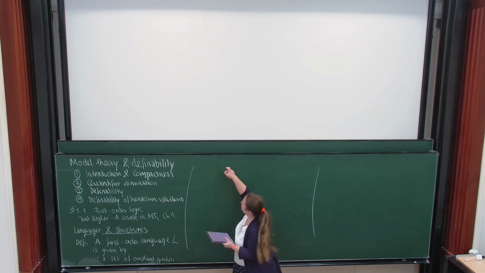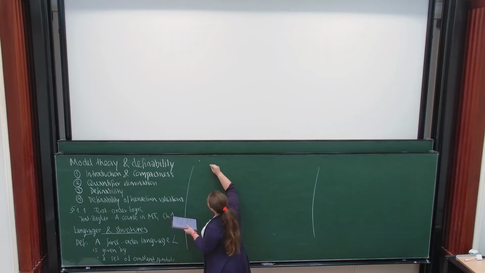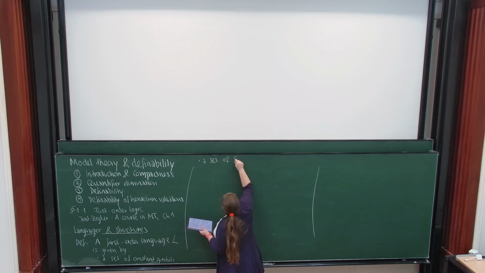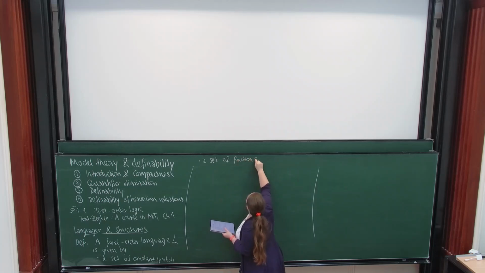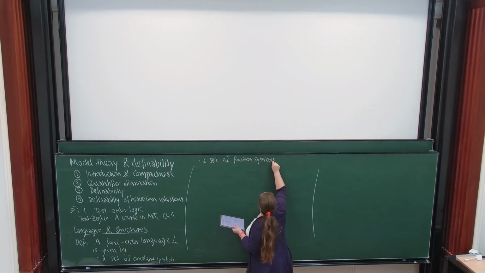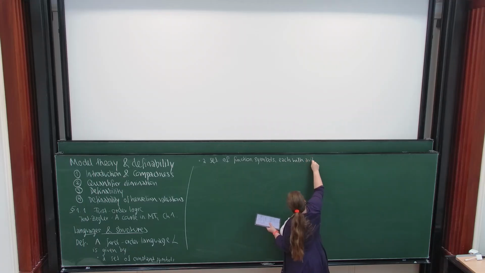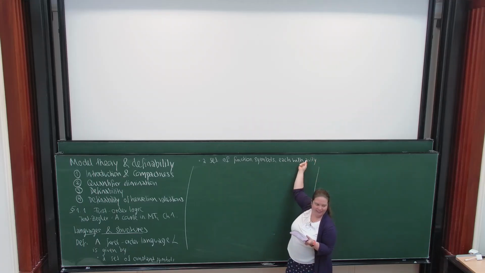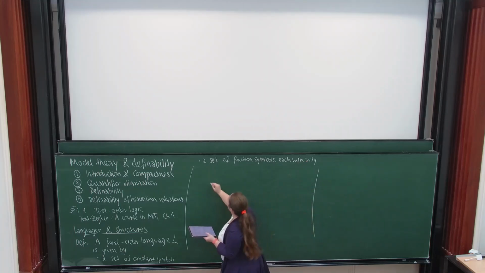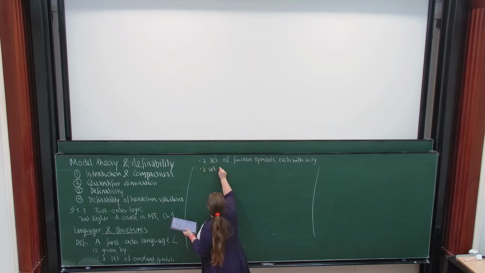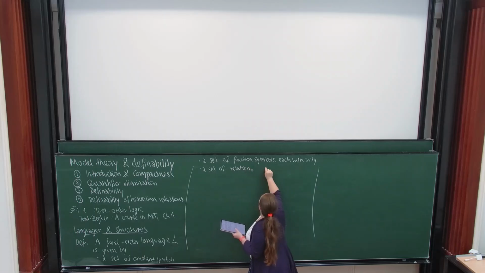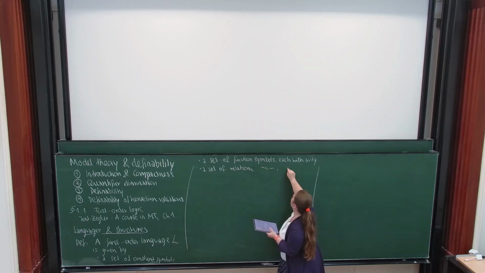They have no meaning yet. A set of function symbols, I'll try to write things out at the beginning, each with arity, where the arity later will be how many things you plug into a given function symbol. A set of relation symbols, each with arity.